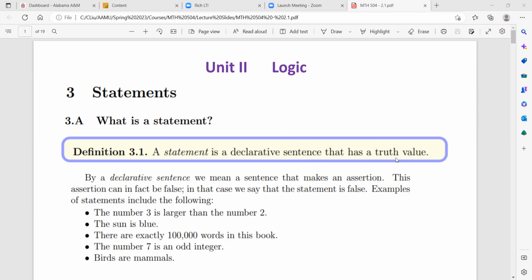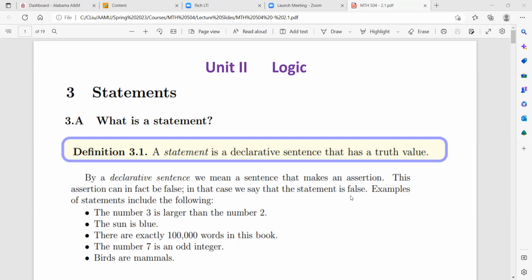Based on the facts, it must be true or must be false. By declarative sentence, we mean a sentence that makes an assertion. This assertion can in fact be false, as I said. In that case, we say that the sentence is false.